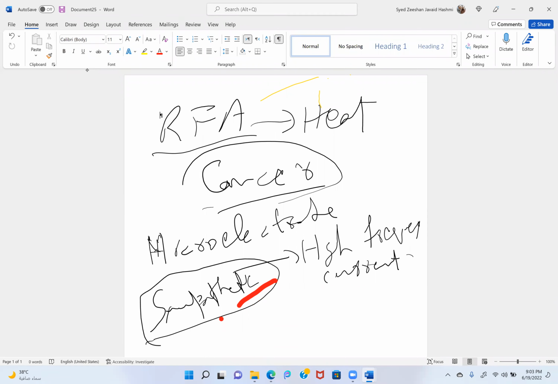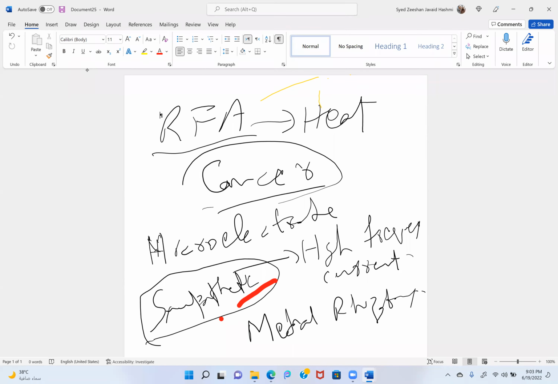The radio frequency, for the RF juniors, is also being done for osteoarthritis of the knee. That is called medial rhizotomy, the medial branch of the spinal nerve that is basically supplying the facet joint. So the medial rhizotomy or nerve ablation is also used in this procedure.